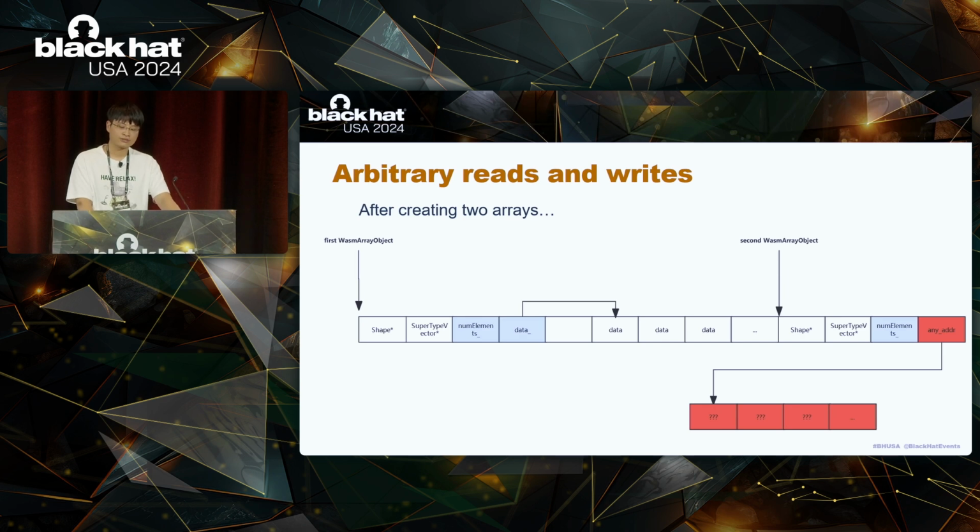Or we can read the data pointer itself in the second array. In this way, we can obtain a stack-related address. Through this powerful exploitation primitive, we can leverage this vulnerability to achieve remote code execution.